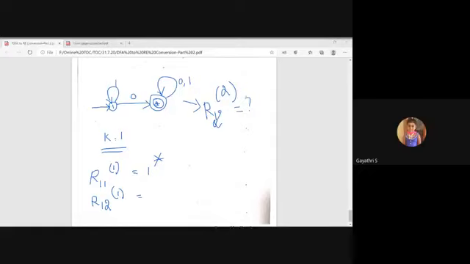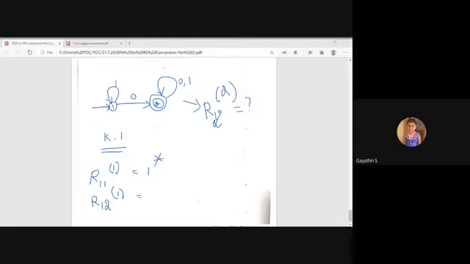Write the formula. If you substitute i equal to 1, j equal to 2, k equal to 1, it means R12 of 1 is R12 of 0 plus R11 of 0 times R11 of 0 closure, then R12 of 0. So again, 1 closure only.